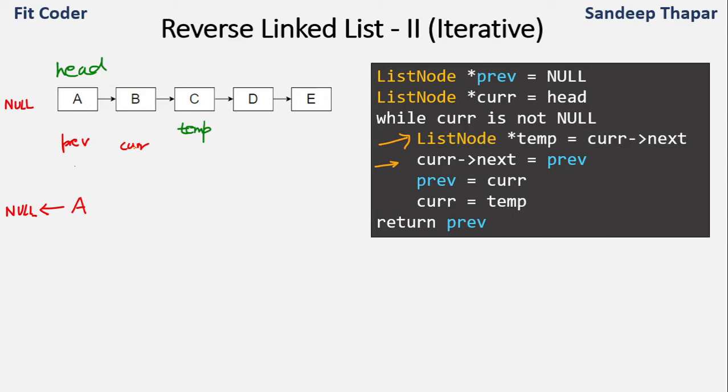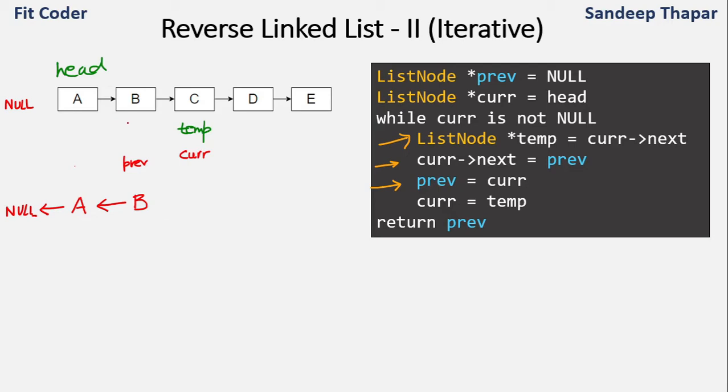Current is at B, so next of B is A. So we have made the link from B to A. Then we make previous equal to current, so previous becomes B, and current equals temp, so current comes at C.